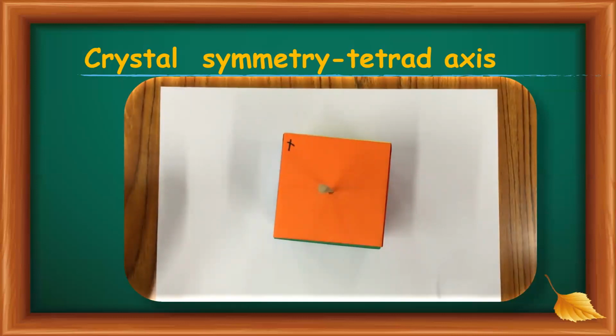And we perform another rotation of 90, then it also gives the same shape, and the next 90 gives the same shape, and by the 4th rotation it reaches the initial position. So we call it a tetrad axis and it has order of 4.